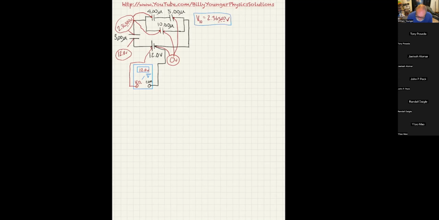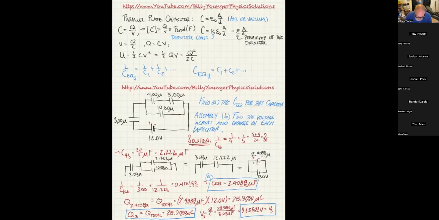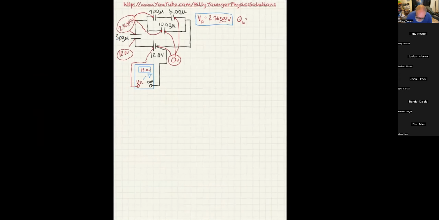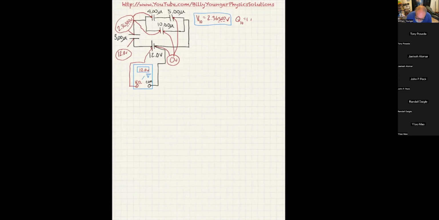And now that also allows me to figure out that Q10 is equal to, if you look back here, you can see Q is equal to C times V. So we're going to say 10.00 microfarads. You know, that really looks bad and small, so I'm going to make it better. Times 2.36500 volts.